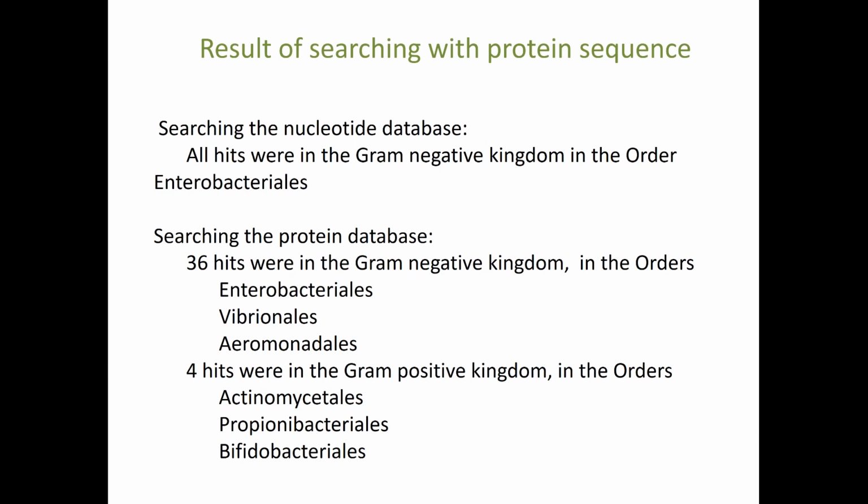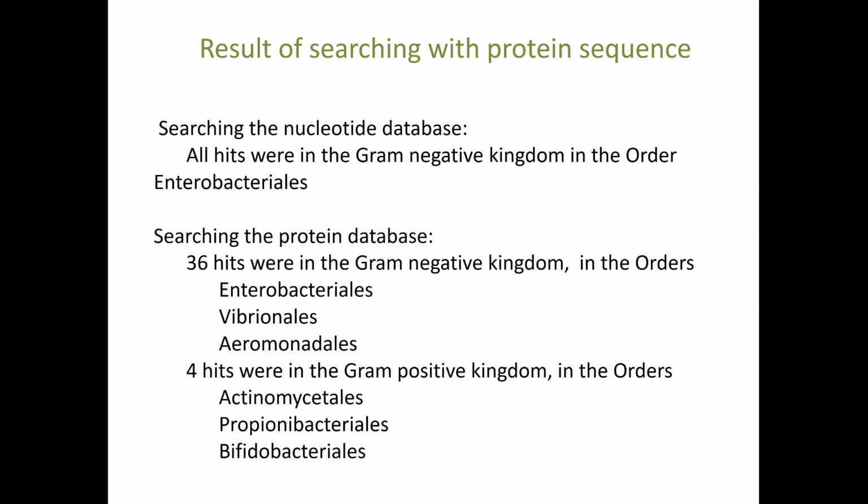You can compare the result of searching with a protein sequence with searching with a DNA sequence. When I searched the nucleotide database, all of the hits that I got were in the gram-negative kingdom of bacteria, in the order of Enterobacteriales. That's as widely distributed as those were.